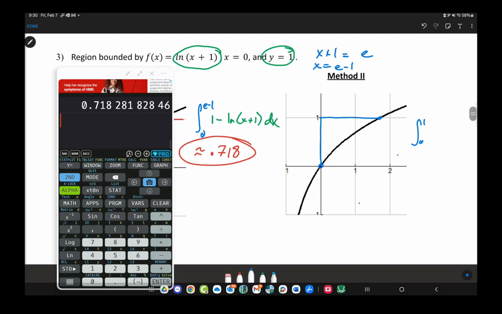If I put this in terms of y, that means I'm looking at making the Riemann sums like this, right? The limit as they go to infinity. Those are my Riemann sums, which means I need my function in terms of what? In terms of y. So I take y equals the natural log of x plus 1. How do I get x by itself?